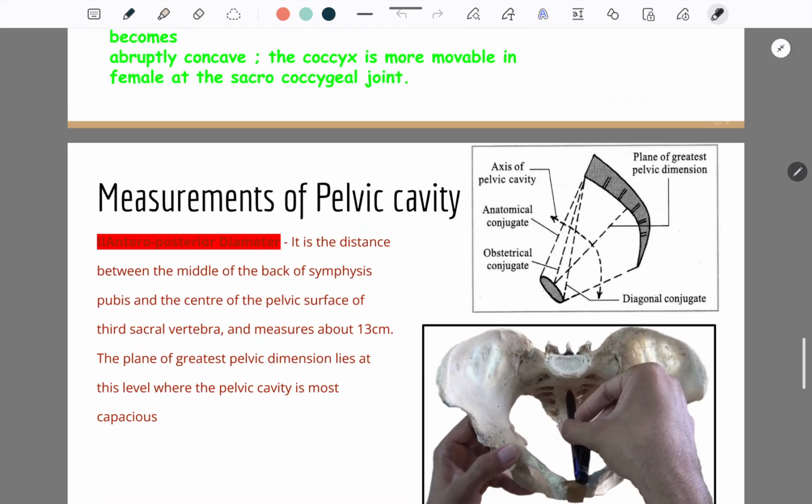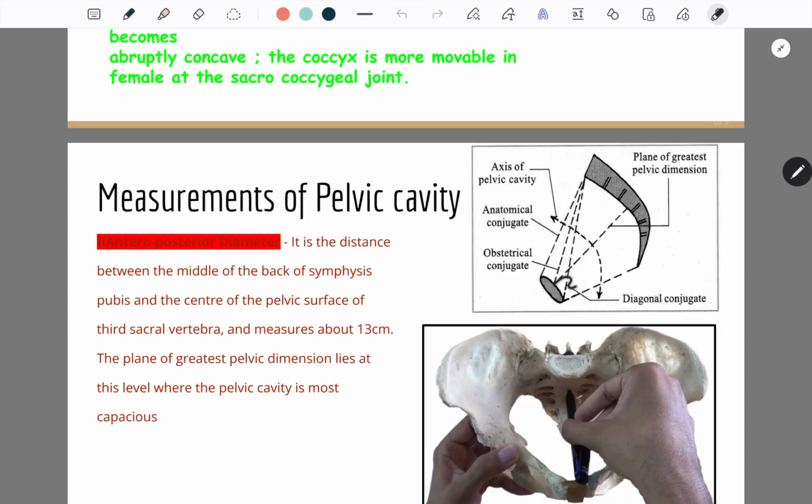So, another important set: the conjugates. See, this is the pubic symphysis. This is the sacrum. Here, the tip of the pubic symphysis to the promontory of the sacrum is called the anatomical conjugate.